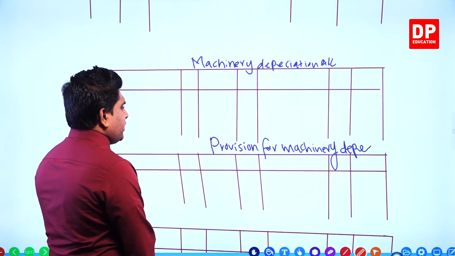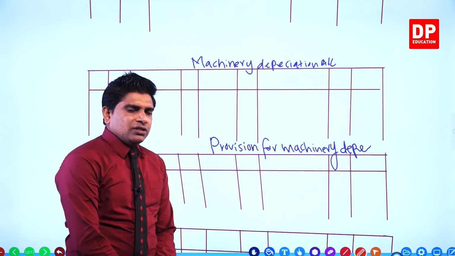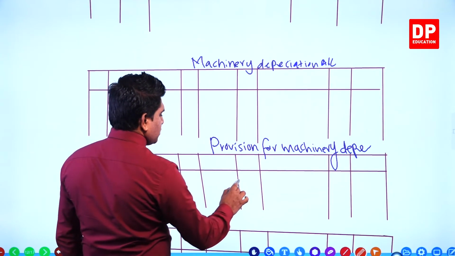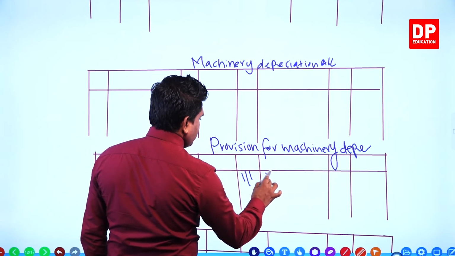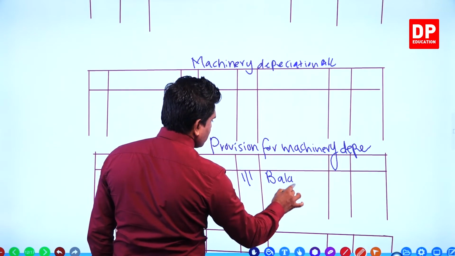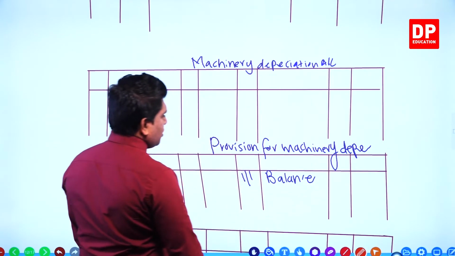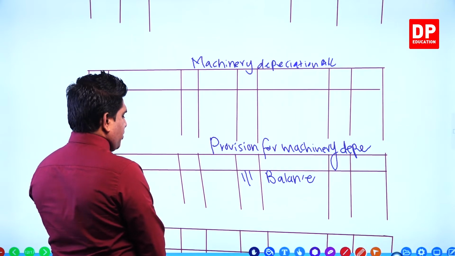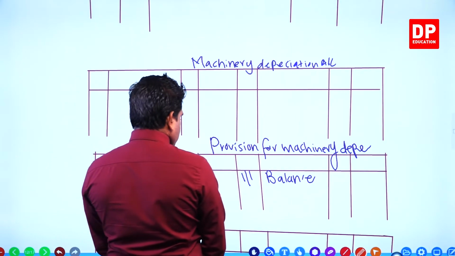Then you must enter the opening balances of the accounts. 1st of January balance, provision for machinery depreciation account balance, right?